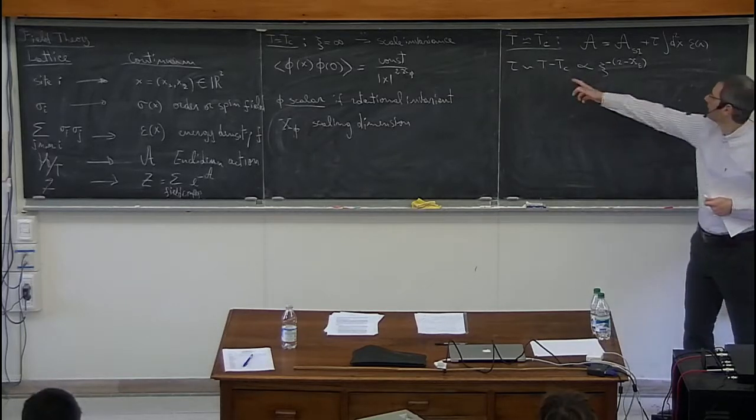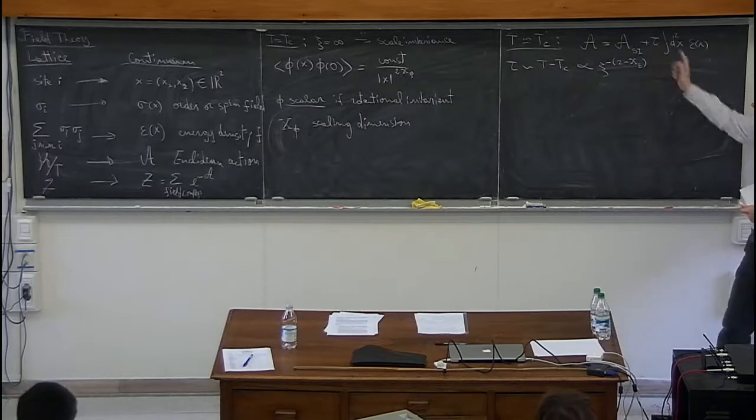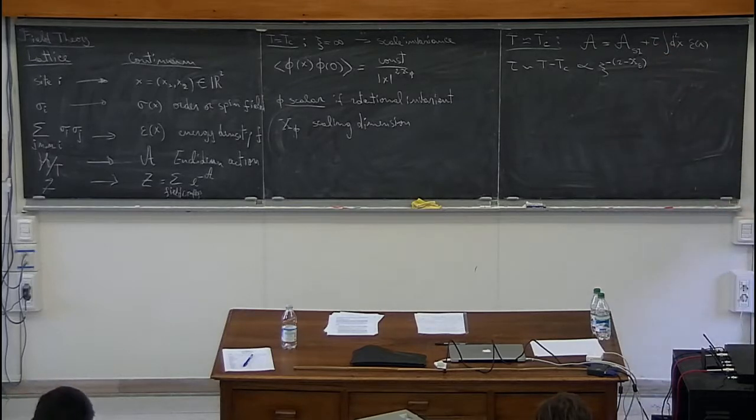If you put this tau with this dimension here, the action is dimensionless, because you cancel the dimension of the field, you cancel the dimension of the integration measure, and what is left is dimensionless. So this is the dimension of tau.